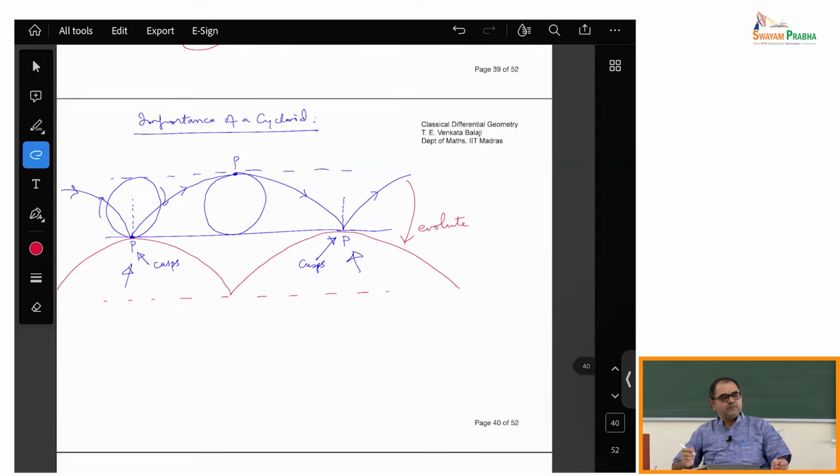It will be just the same cycloid, but translated vertically down by a length which is equal to the diameter of the circle, and then left by a length which is equal to half the arc length of one complete revolution of the circle on the cycloid, which will be half the perimeter of the circle.